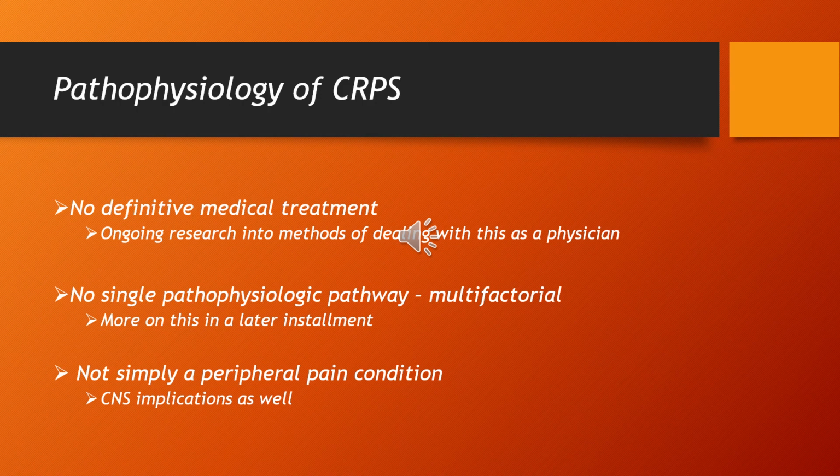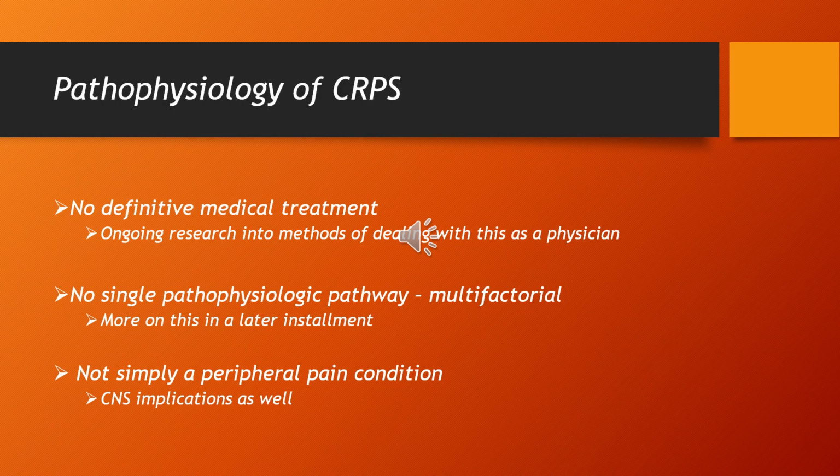Well, the answer lies in the fact that although multiple attempts have been made to reduce CRPS to a single pathophysiologic mechanism, it's been increasingly accepted that there are multiple mechanisms involved. This is where we get the term multifactorial.